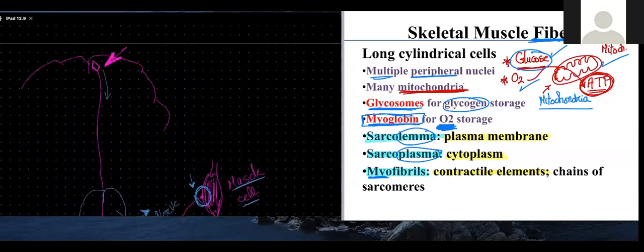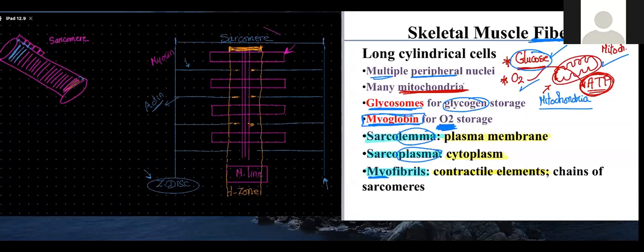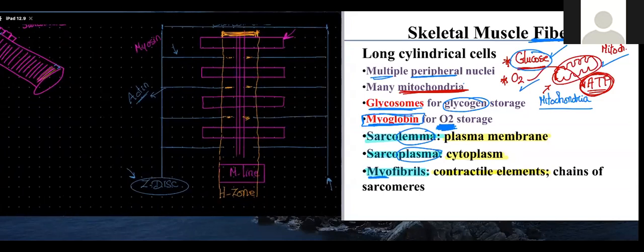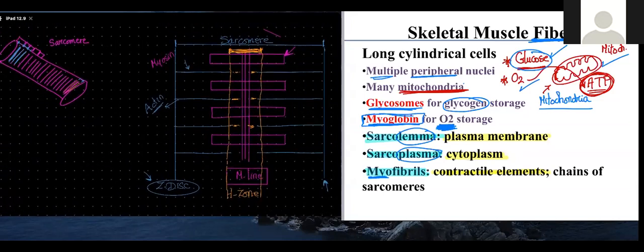We first discussed the structure of the contractile unit of the skeletal muscle cell. And if you remember, the contractile units of skeletal muscle cells are sarcomeres.